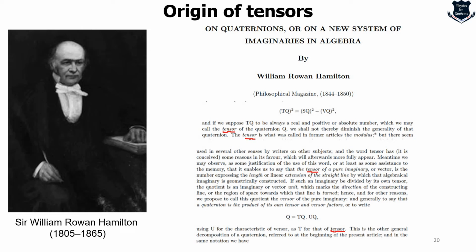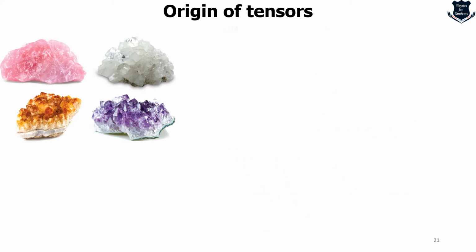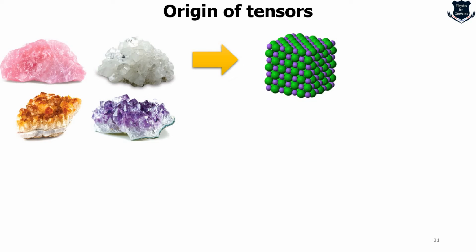was actually studying crystals, and I have explained in my other videos also that originally it started with the study of crystals. Now you see what happens when these crystals are heated, and their deformation has many faces and directions. So with vectors we can have a magnitude and a direction, but with tensors we also have on which face, on which side of this crystal structure the forces are operating.